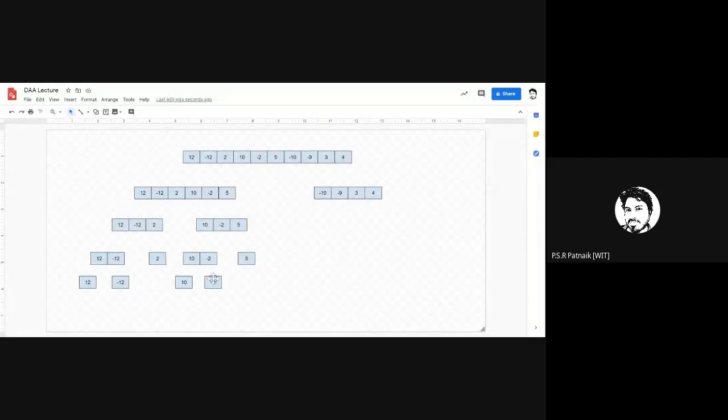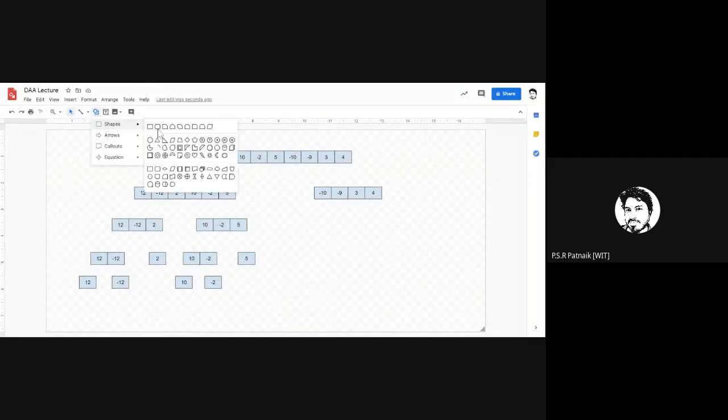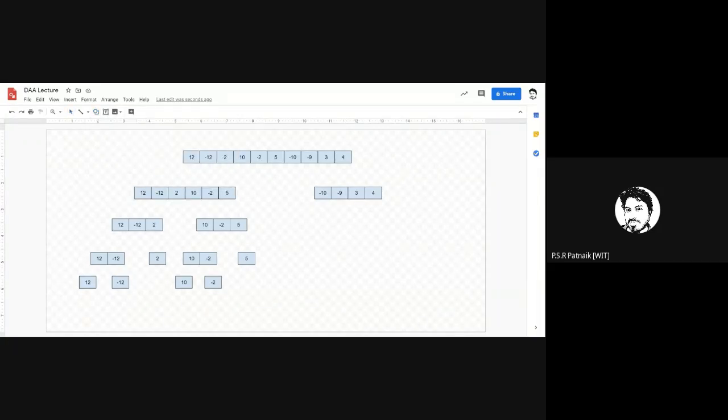So let us do one thing. Let us start writing the solutions of this here itself. For example, just above this, if I write the maximum sum subarray, what is the maximum sum for an array of size 1 with element 12 in it?